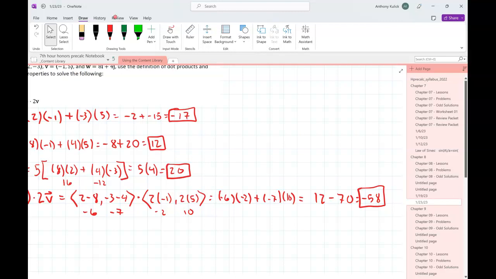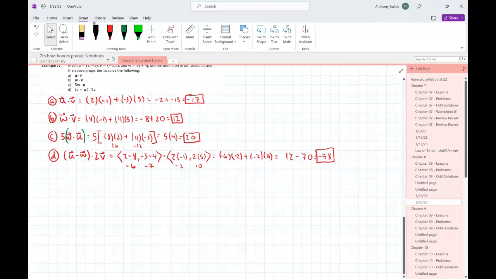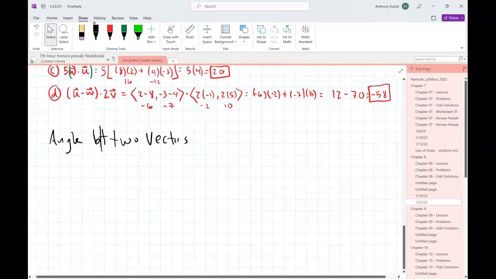So let's start looking at some applications here. One place that the dot product can come up is if we're interested in the angle between two vectors. So let's see what that's going to look like and how the dot product plays into that.